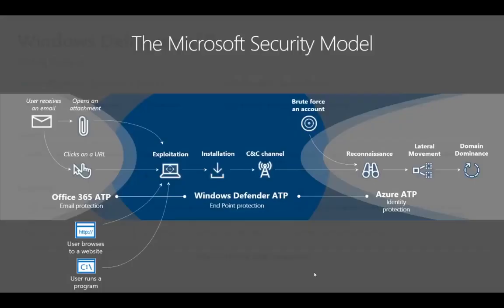Let's take an example of how the Microsoft security model is defined. I mean, there are three major verticals where Windows Defender ATP, Azure ATP, and Office 365 ATP work together in this security model. Office 365 ATP works at an application layer, where there might be chances of exploitation, where an attachment could have a website or browsing content in any exe program which might harm your environment.